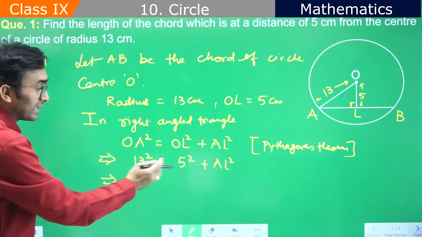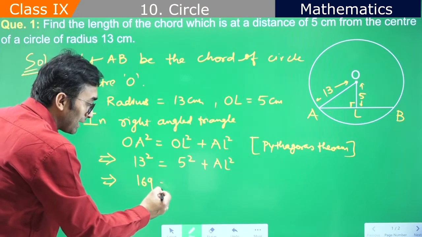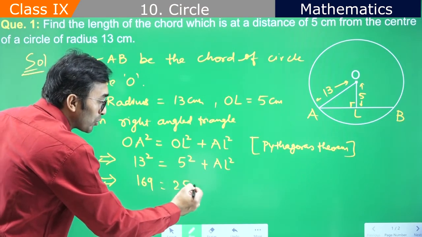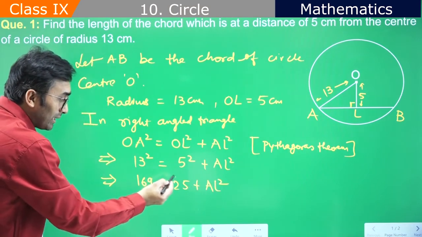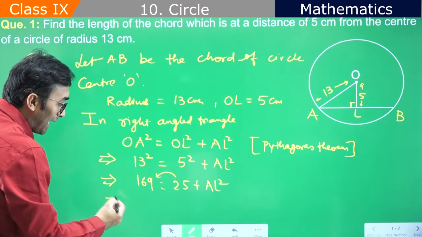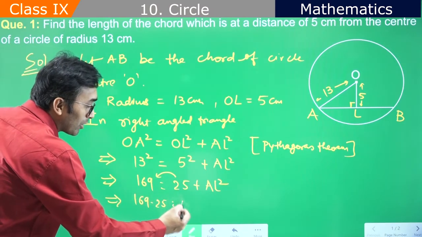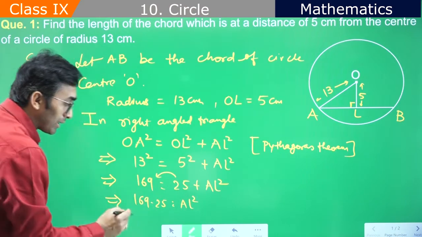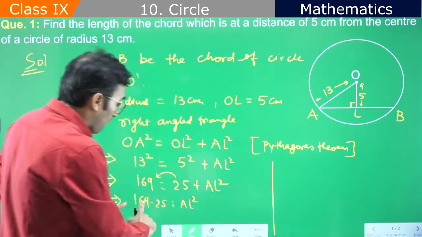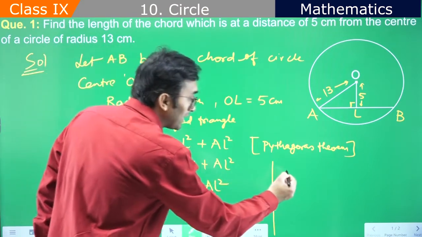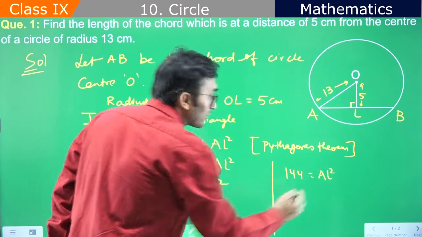Now 13 square is how much? 169. And 5 square is how much? 25. Plus AL square. Now we can transfer it here, so 169 minus 25 equals AL square. 169 minus 25 will give you 144 equals AL square.